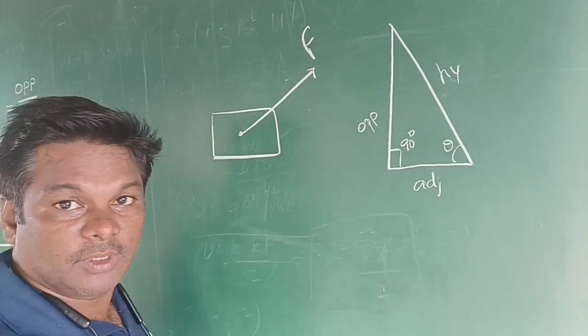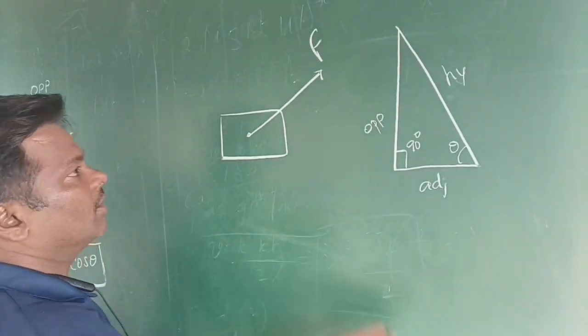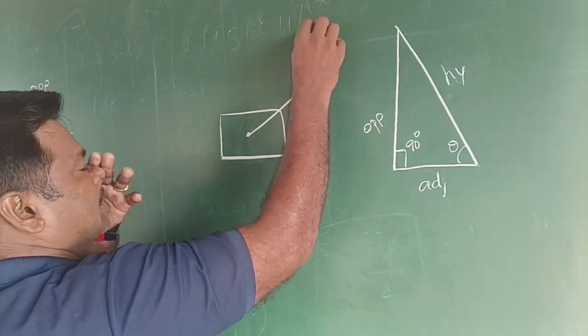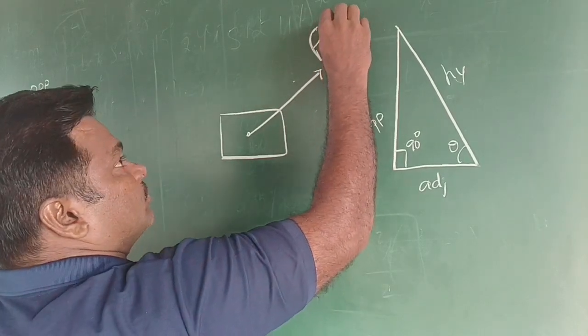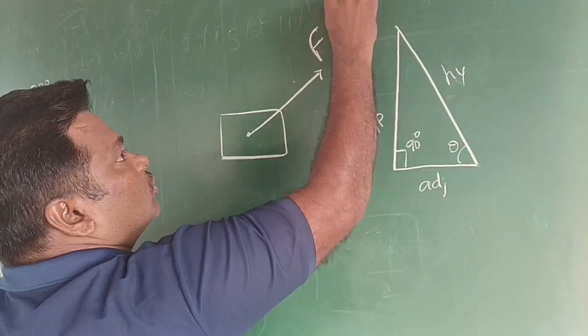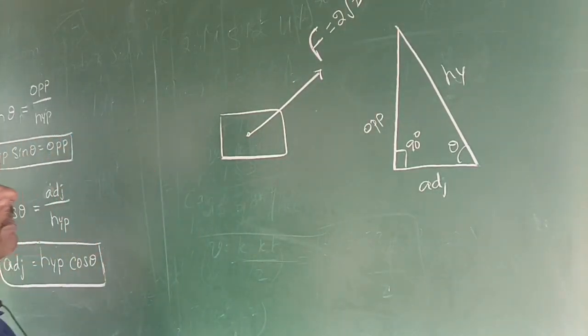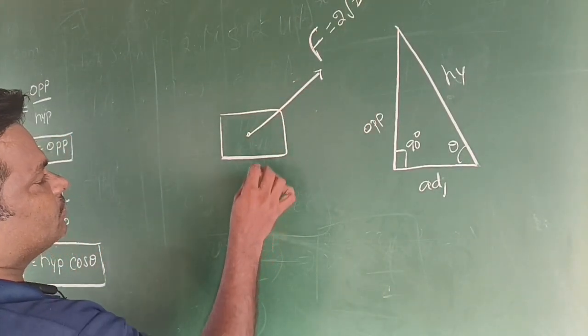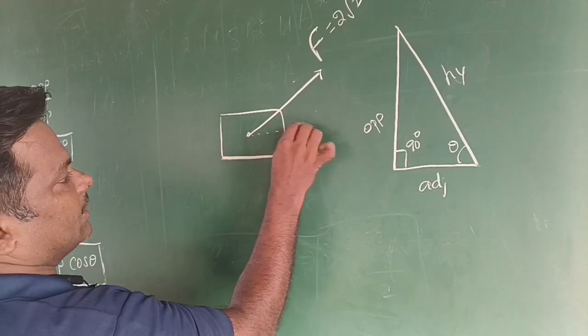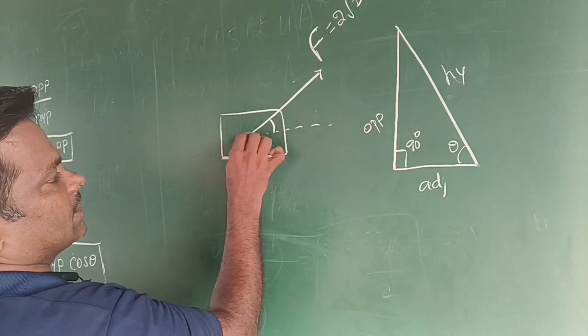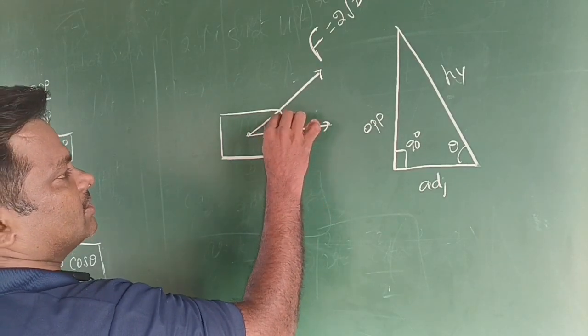Now, how to convert this into physics? How to use it? Suppose a force of 2√2 newtons is acting on this. When a force is acting on this, it must make an angle theta with the x-axis. This is theta.